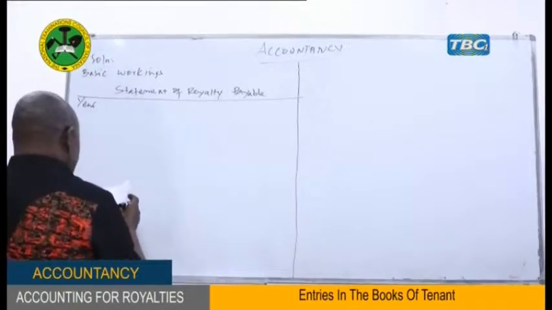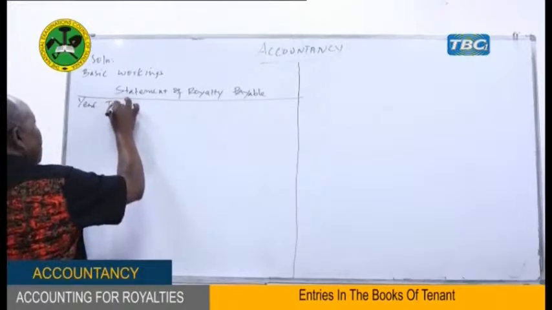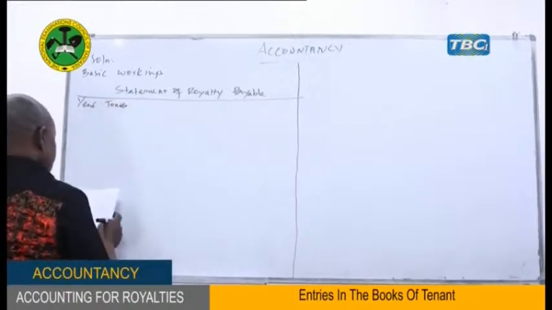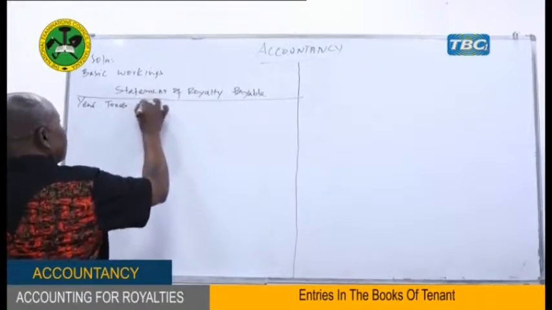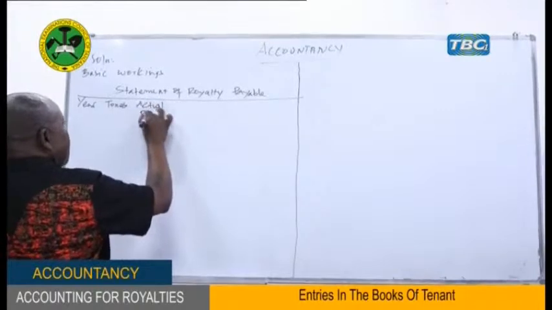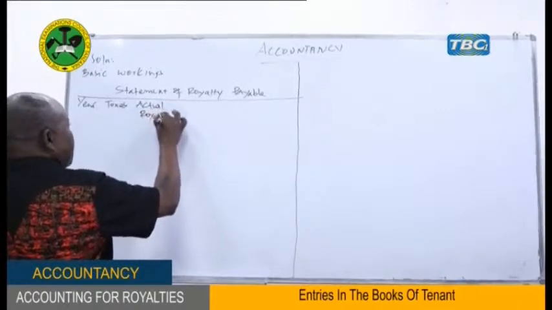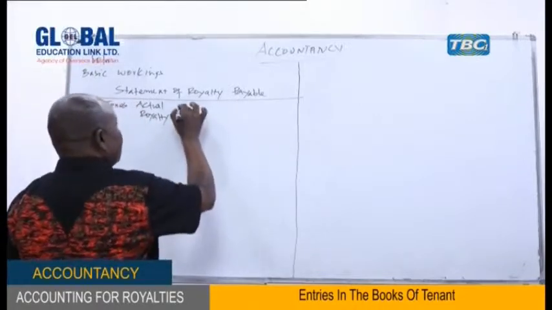We'll have the column for output, that is the tons which we have produced. We'll have the column for actual royalty. We have the column for dead rent or minimum rent.